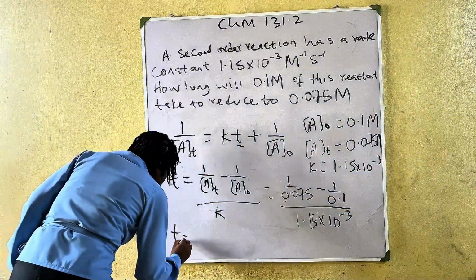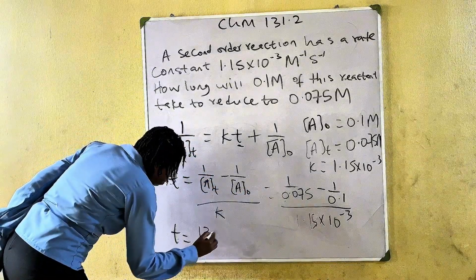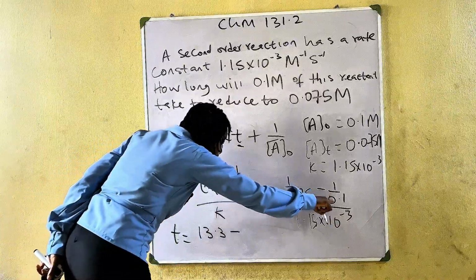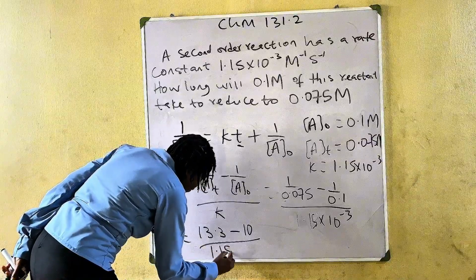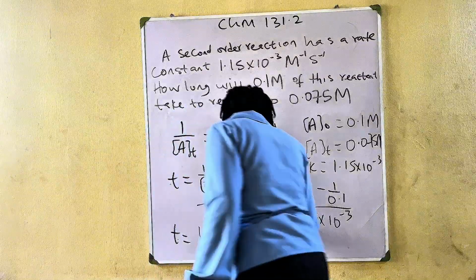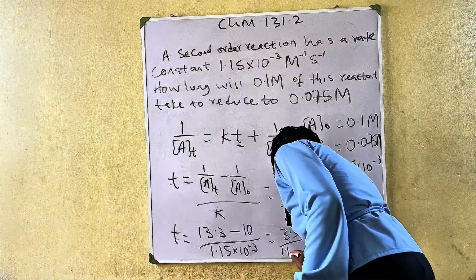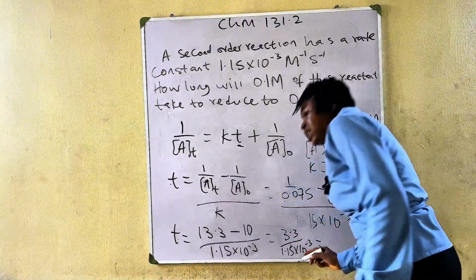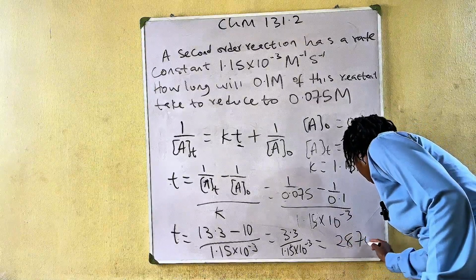When you divide this, you have 13.3 minus the inverse of 0.1, which is 10, all over 1.15 times 10 raised to the power minus 3. By the time you solve this, you have 3.3 divided by 1.15 times 10 raised to the power minus 3. So your answer is going to be 2870 seconds.